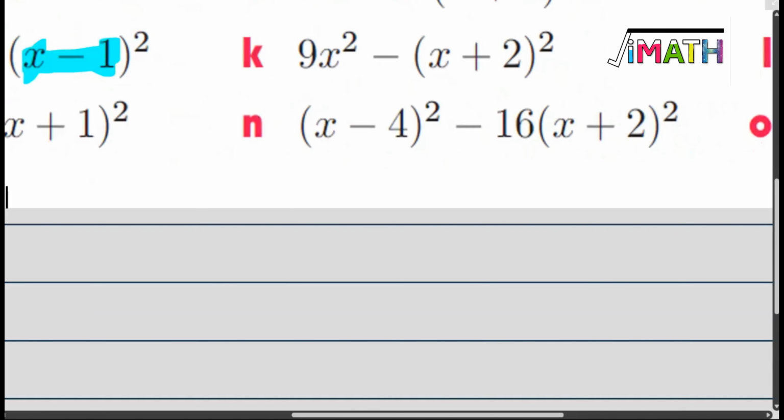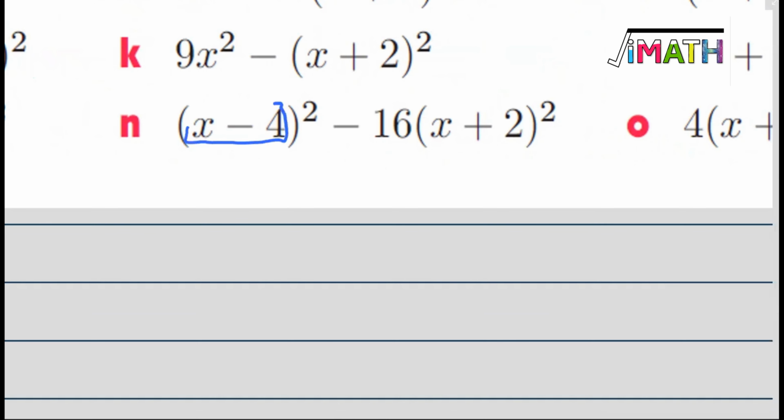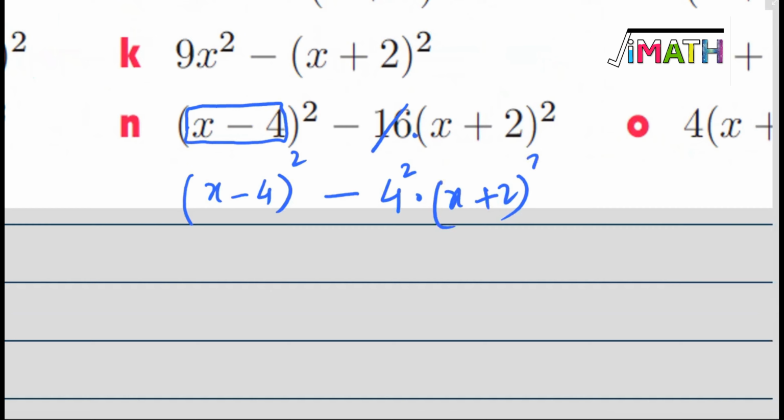So I'm gonna solve this question N, and you can check if I have solved it correctly or not. So this is my A inside the square. So I'm gonna write it X minus 4. That is my A. And I'm gonna write this 16 as 4 squared, and x plus 2 squared.